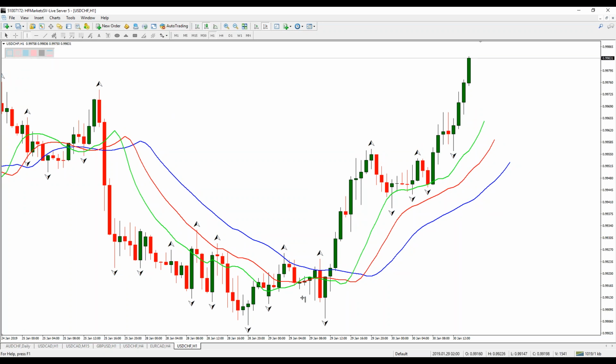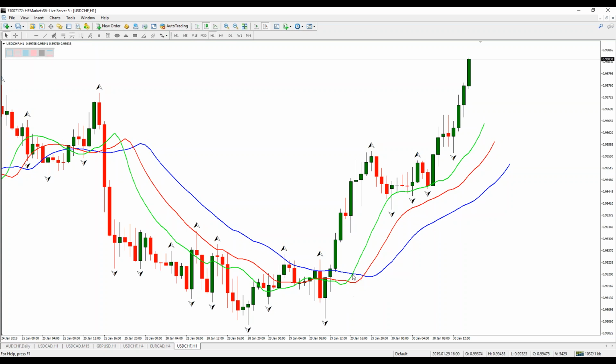Remember, this is 3 candles in front. When the lips cross the jaw, this point, which represents about 1, 2, 3, this candle.